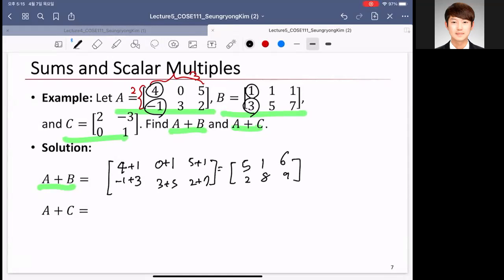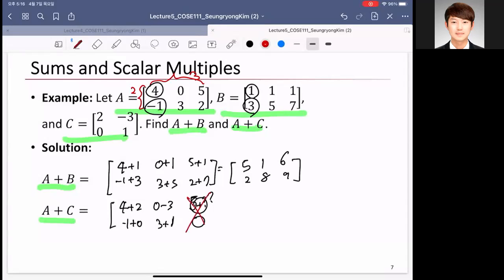What about A plus C? Corresponding entries: 4 plus 2, -1 plus 0, 0 plus 0, 3 plus 1. And what about this one, 5 plus what?